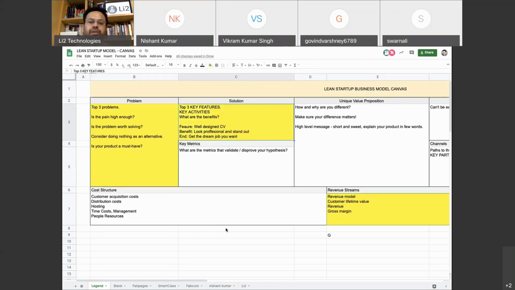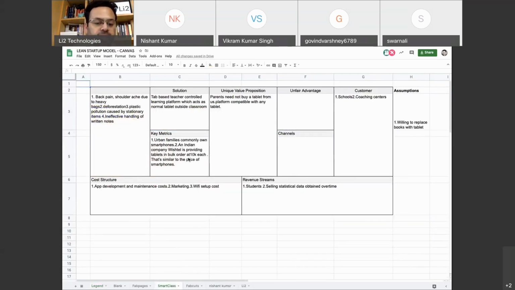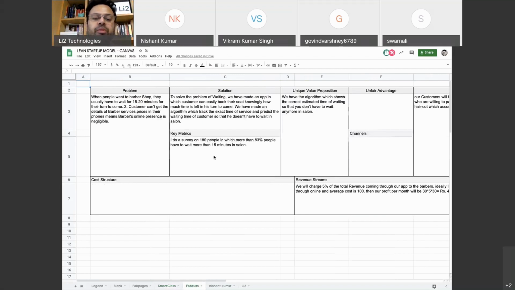When you say key features, let's get into the details of it. I'm not sure if anybody has even tried to fill this. Yes, somebody says tab-based teacher-controlled learning platform. This is a solution, right? I don't want the solution in that way. Or if you look at FabCut, what has FabCut written to solve the problem of waiting?